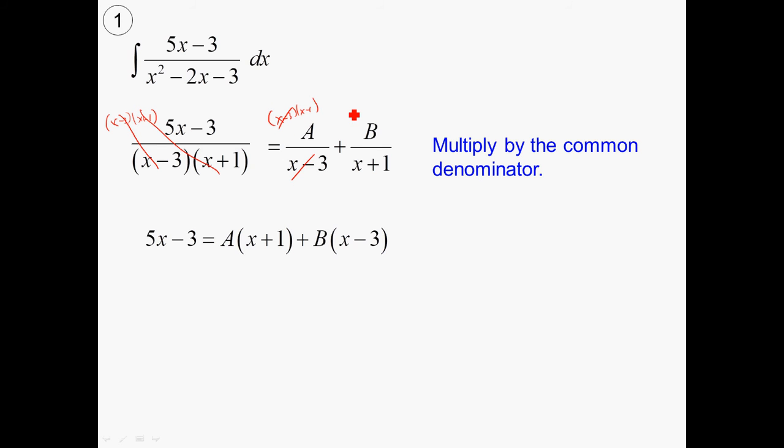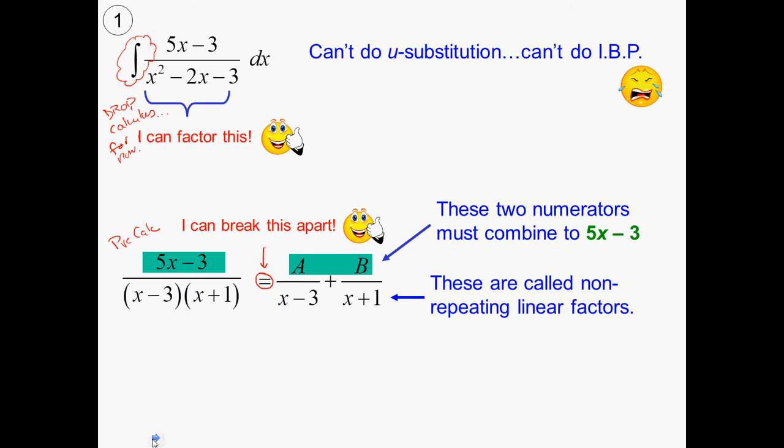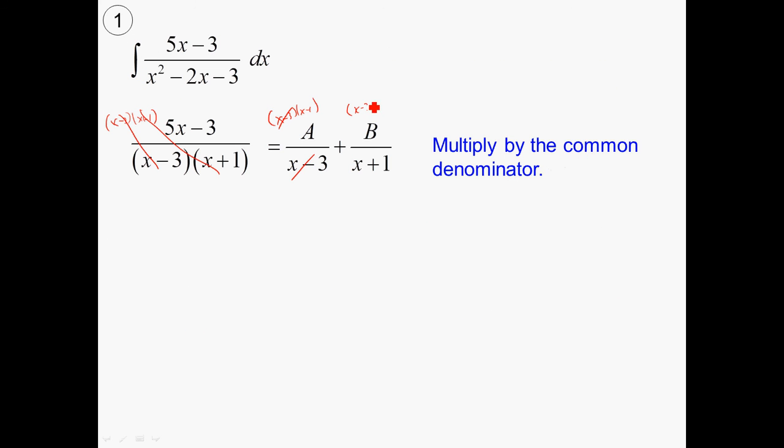Kill that denominator. I'm going to multiply this term because I'm following the rules of algebra. Whatever you do to one side of the equation, you must do to the other side. Bam, bam. And I'm left with an equation with no denominators.